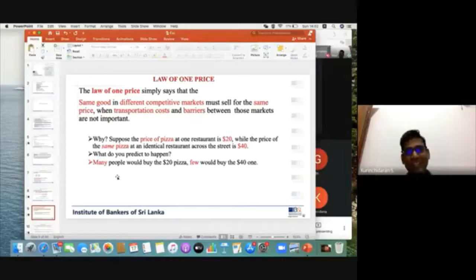Okay, why are we saying that? That's the question now. Why did I say the price should be one wherever it's sold? Now you can see that even in Colombo and New Orleans, the same good may have different prices, maybe because of transportation cost, maybe some other barriers.